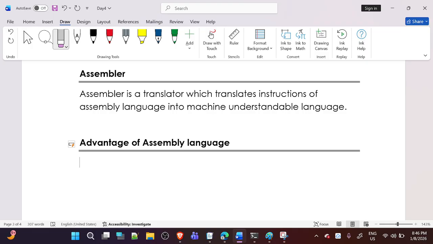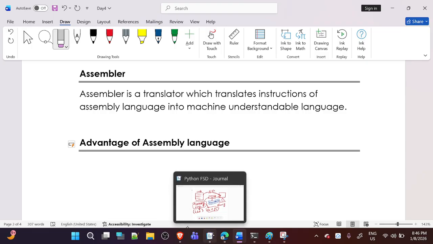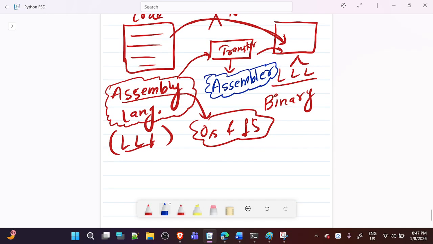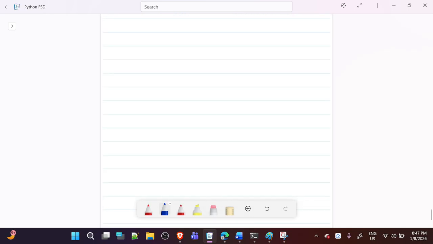Computer understands zeros and ones easily. So for example, if I'm writing pure binary here, 1011 and 110, and I'm writing 110.